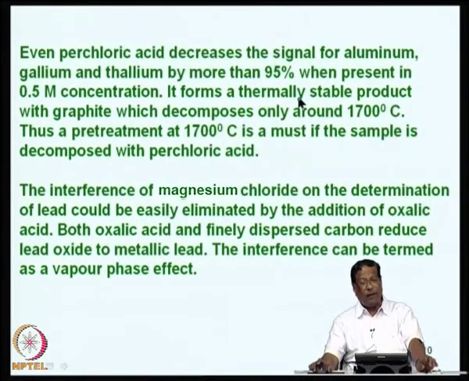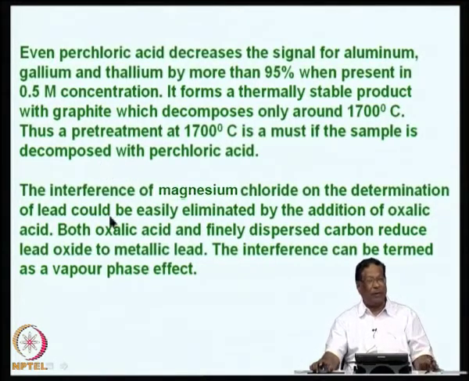Therefore, it forms a thermally stable product with graphite furnace, which decomposes only around 1700 degrees centigrade. Aluminum forms a thermally stable complex with graphite. So, a pretreatment temperature of 1700 degrees is a must if you want to determine aluminum, and if the sample is decomposed with perchloric acid, aluminum chloride will be forming.